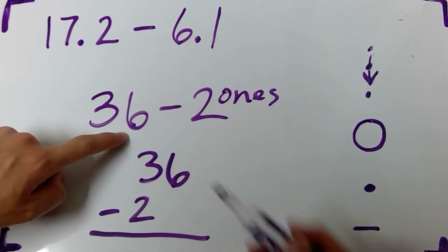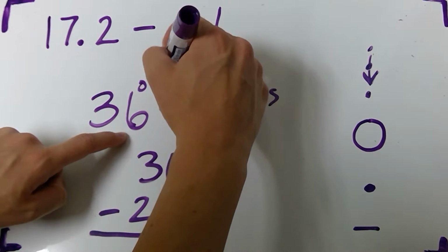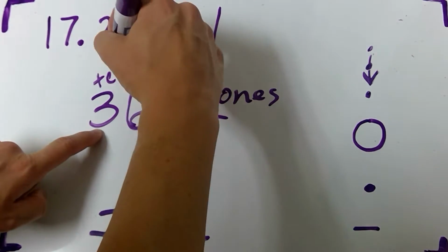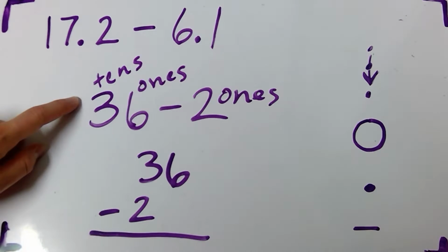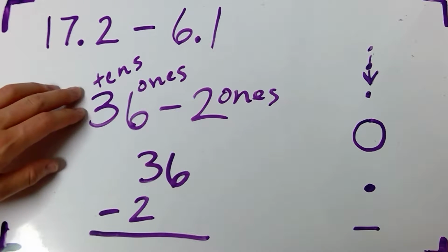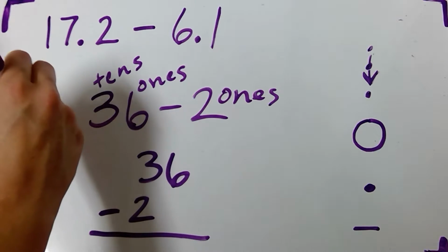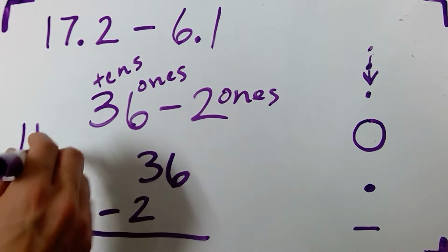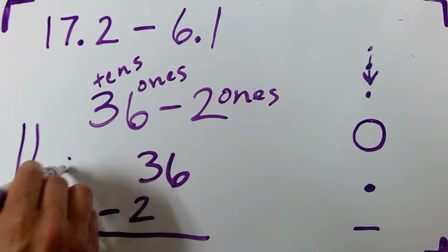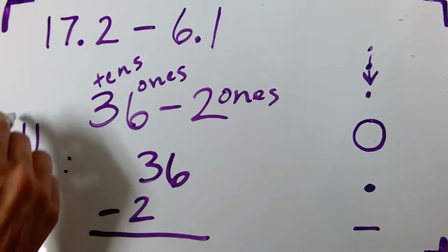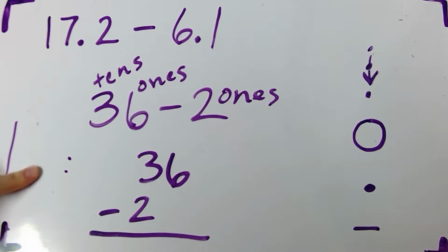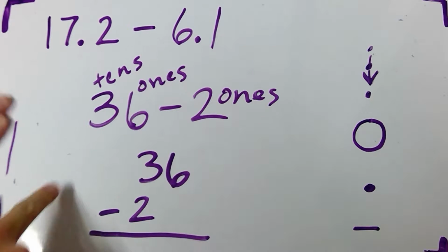So is the 6. The 6 is in the ones place. The 3 is in the tens place. Now if you have tens, like those long bars, the tens, and we were subtracting 2 ones, we'd be just taking away 2. But we wouldn't take away 2 of these big bars. That doesn't make sense. We're just taking away 2 ones.